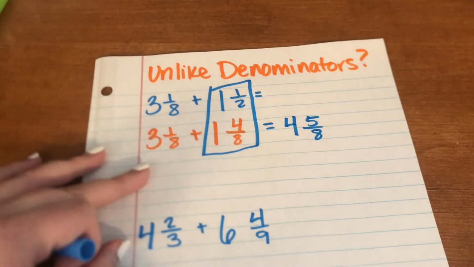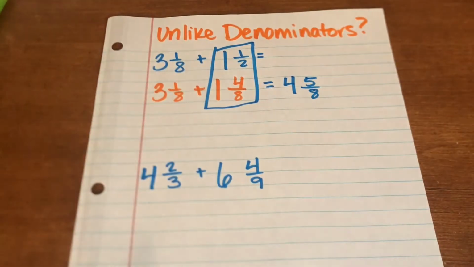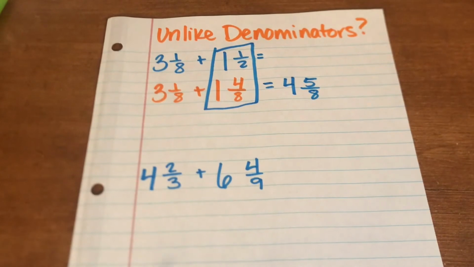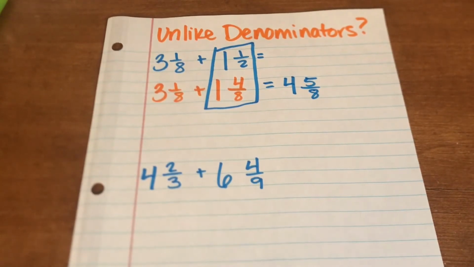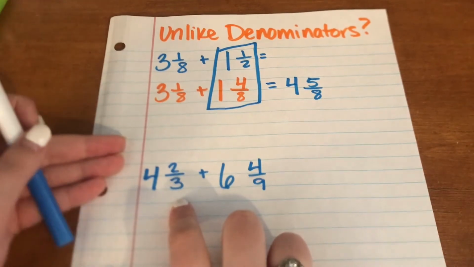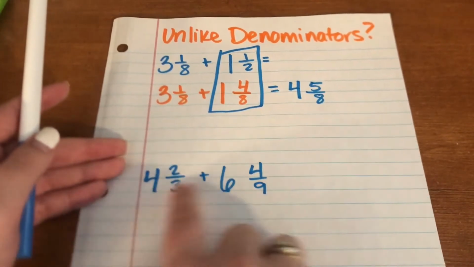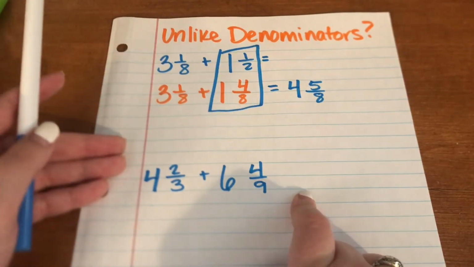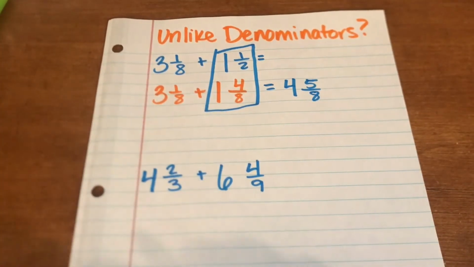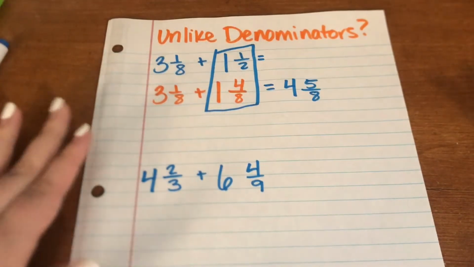This might not always be something you can do off the bat. If we look at our next example here, 4 2/3 plus 6 4/9. This might be more difficult to come up with off the top of your head, an equivalent fraction to 2/3 that has 9 in the denominator, or vice versa. So what I'm going to do is a little trick based on what we talked about with finding equivalent fractions.